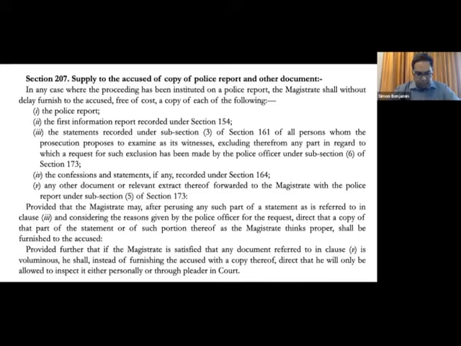We have a similar process even in the US, which I always look at as a great example for fewer litigations. There, the defense is provided with all the material by the prosecuting agency, the DA office, the district attorney office. Then there is a discussion, looking at this material, as to whether the accused wants to face a trial or admit the commission of the crime and plead for a lesser sentence.